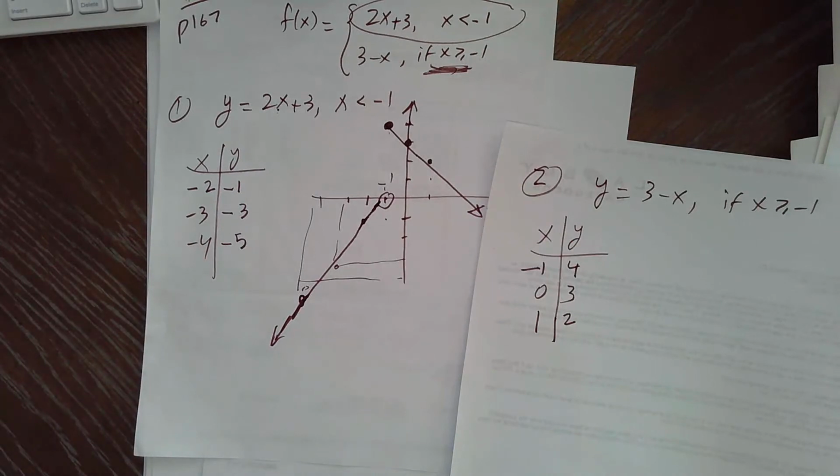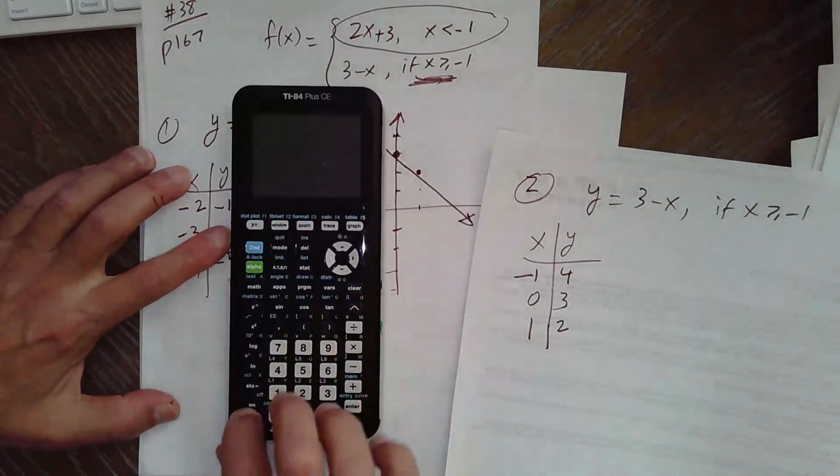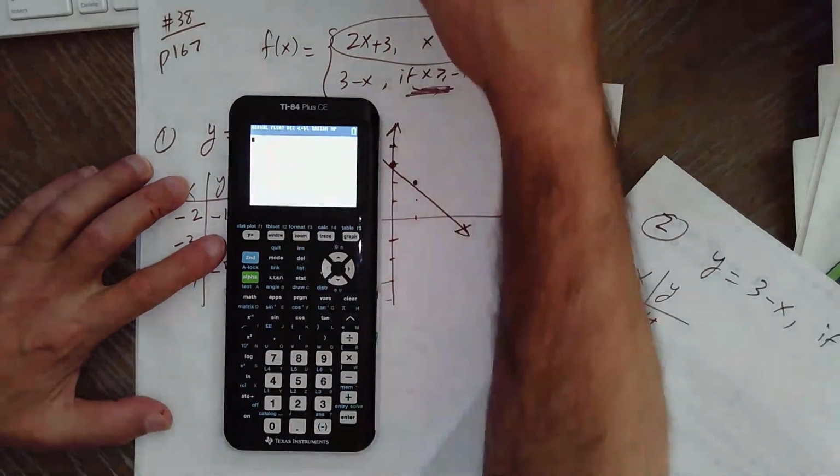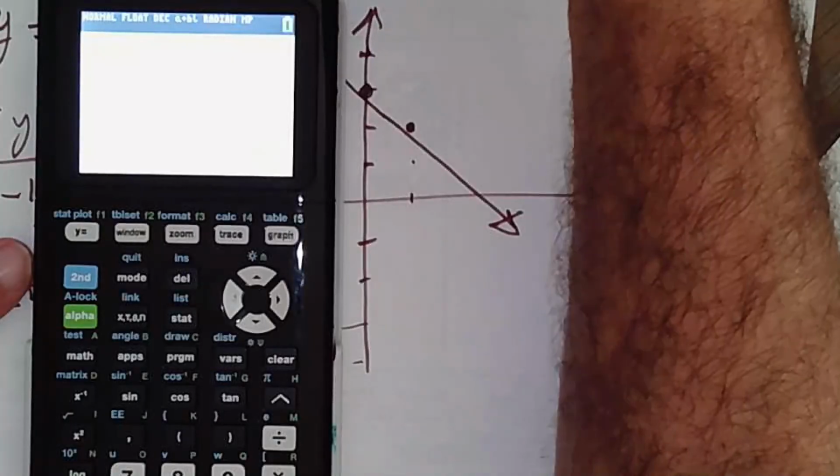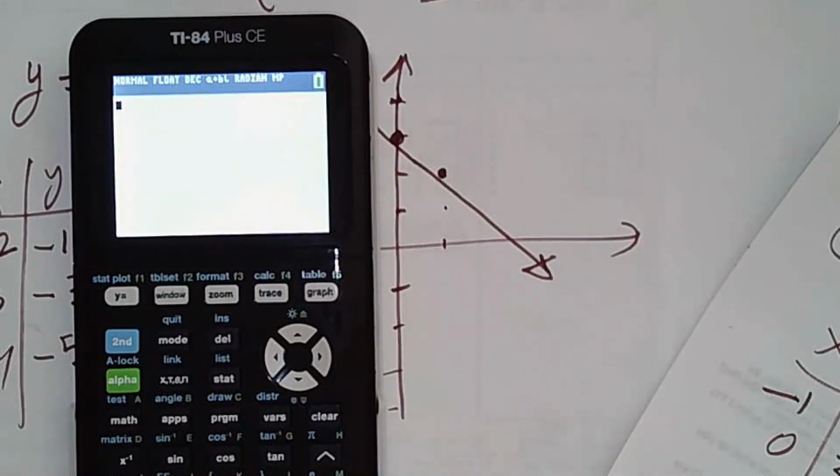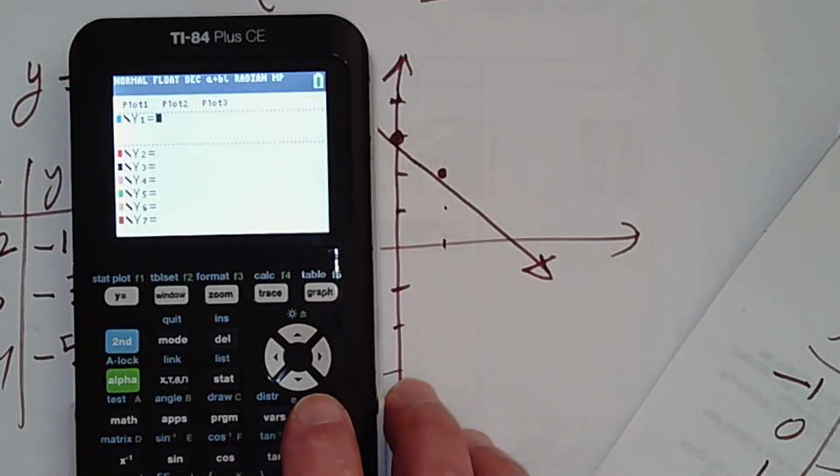And if you don't know how to do it on the grapher, I'll show you. So let's zoom this. Okay, so you go to y equals, and now we want to do the first piece, which is 2x plus 3.